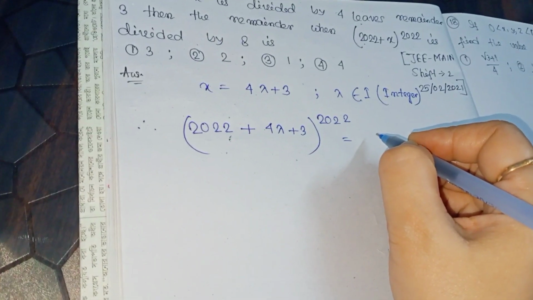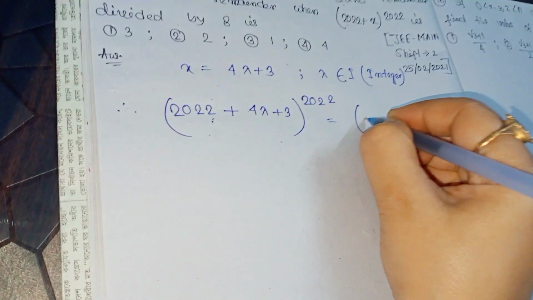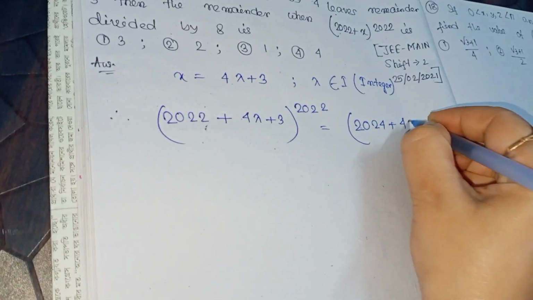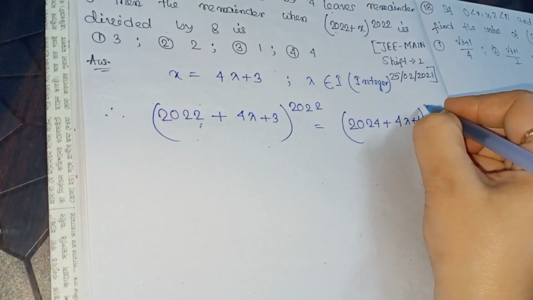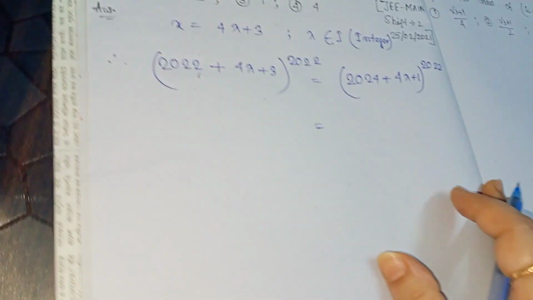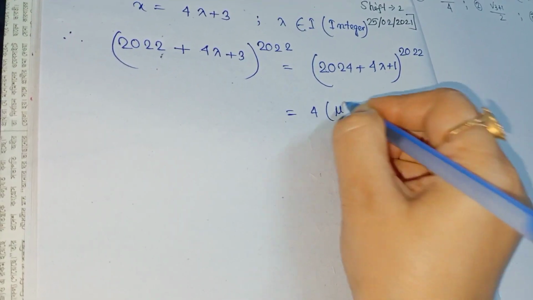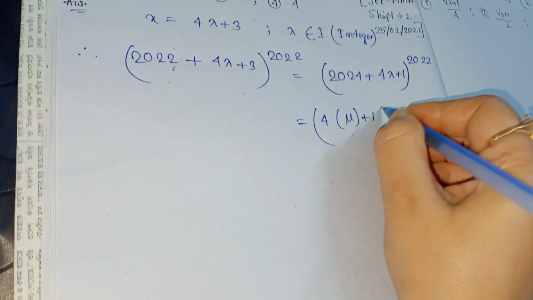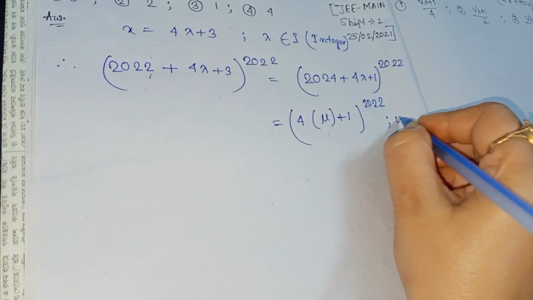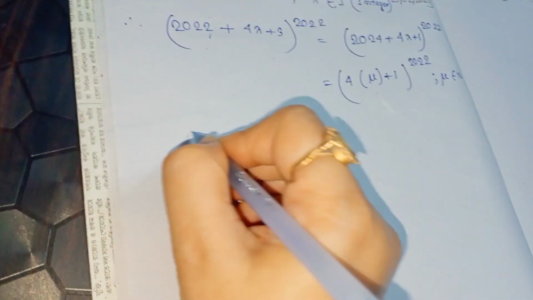At first, some calculation is done, that is 2025 plus 4 lambda, which is 4 into mu plus 1 whole 2022, where mu belongs to N. Now expand this one.